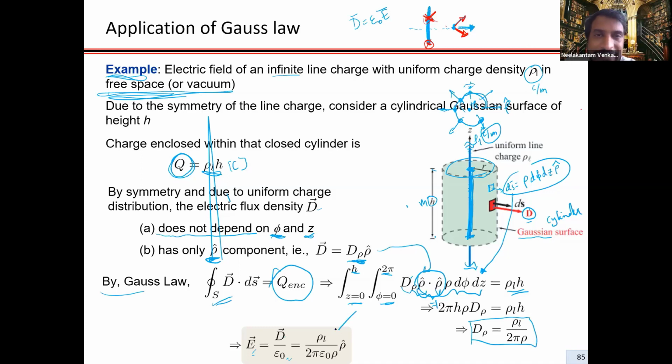This expression will be exactly the same if you were to work out the q over 4 pi epsilon naught, r minus r prime, the line charge law. If you were to do the electric field by that kind of integration, this is exactly what you will get. This result and this result will be the same.